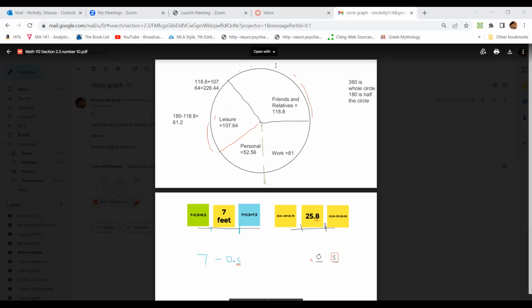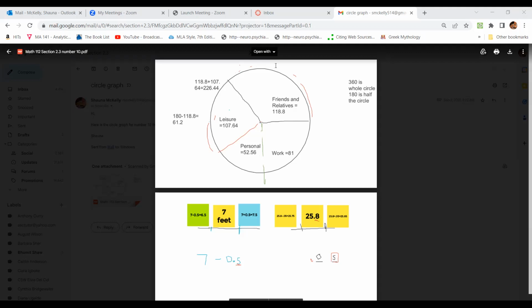Checkpoint 3 versus checkpoint 3. The circle graph. This is 2.3.